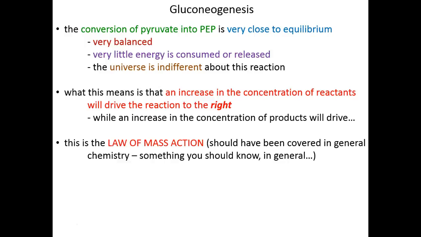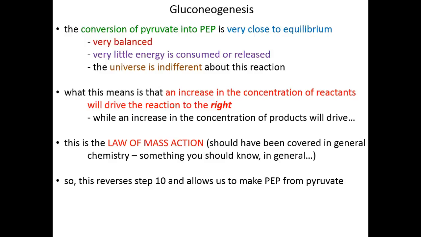This is referred to as the law of mass action in general chemistry, and all of you should have been exposed to this general idea well before you came into this class. The law of mass action is a fundamental principle of chemistry, and we definitely want to be familiar with it and appreciate that it is influencing this reversal of step 10 in glycolysis.